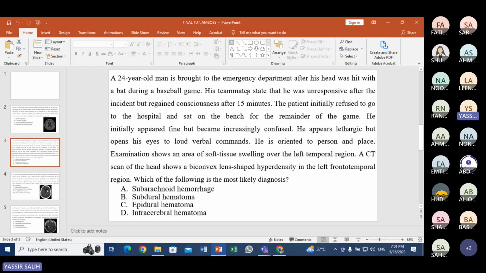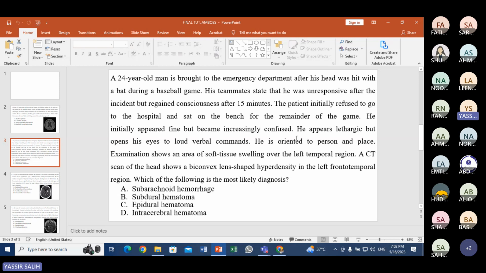But there is a history of trauma. Of course we know that in epidural hematoma there is usually a history of trauma. The patient may have a lucid phase, meaning loss of memory or confusion, then a normal interval phase where he seems normal, then develops the symptoms again. This symptom is important in the clinical presentation: in concussion trauma the patient may have lost consciousness or memory for a minute, then becomes normal, then deteriorates again.